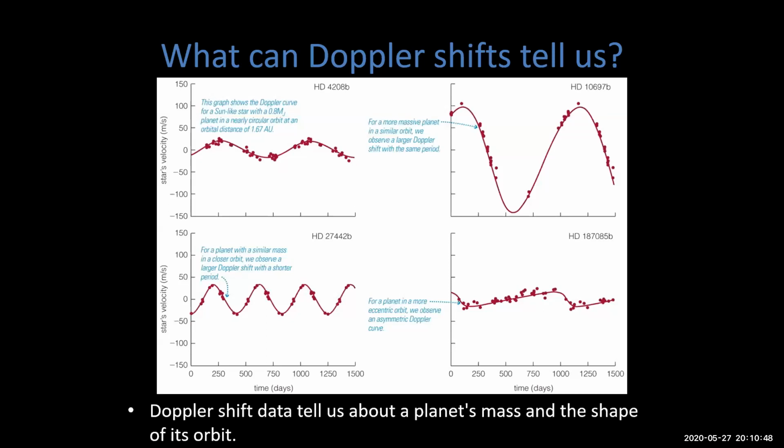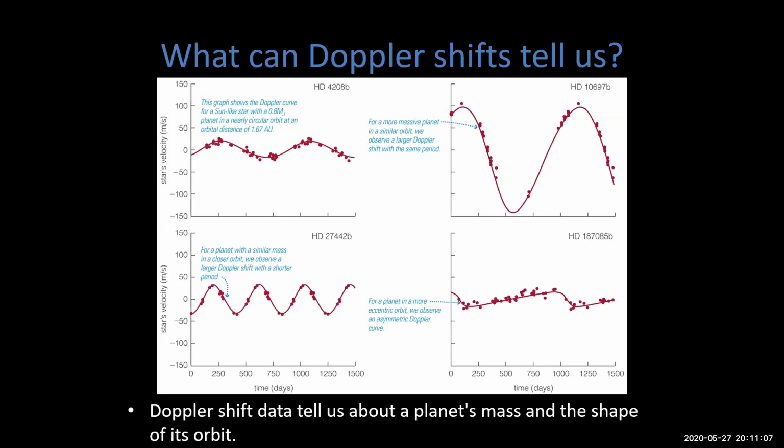What can Doppler shifts tell us? I briefly mentioned this last time about the radial velocity method and how it detects planets.